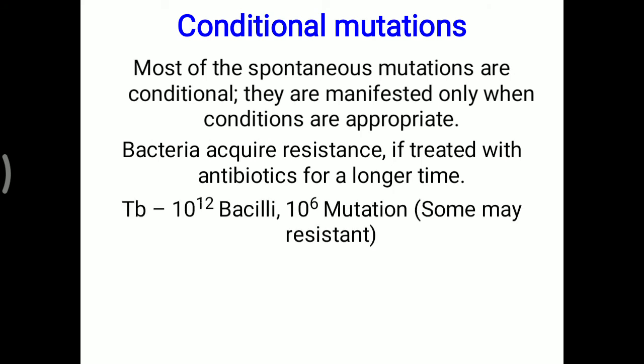In tuberculosis, generally a person with TB in the lungs has 10 raised to 12 bacilli. We have already discussed that every 10 raised to 6 cell divisions lead to one mutation. So some may give resistance to that particular antibiotic.